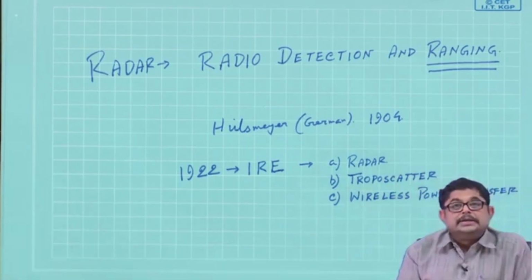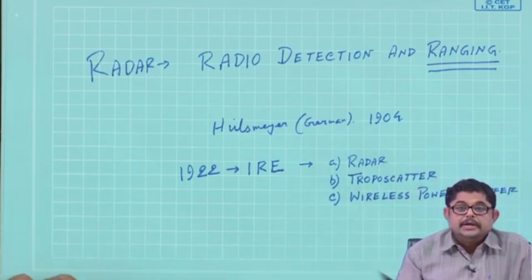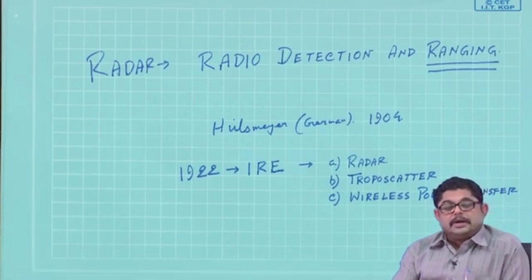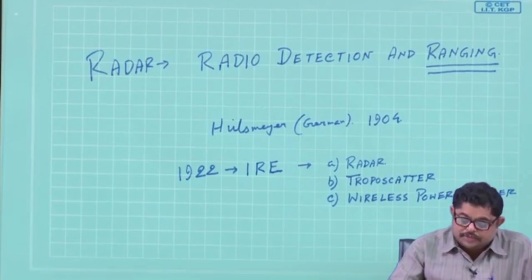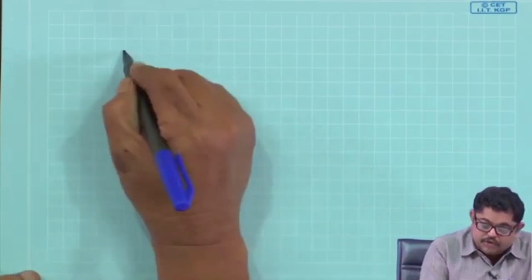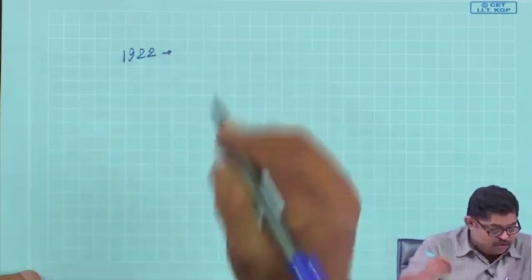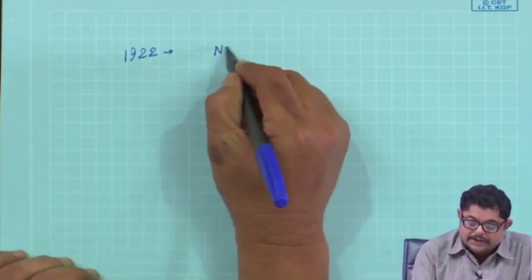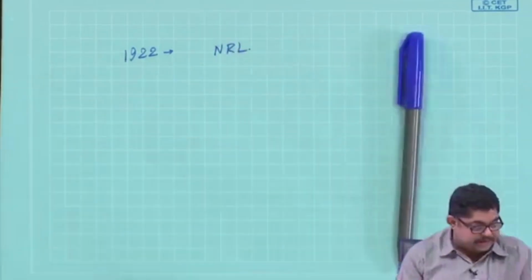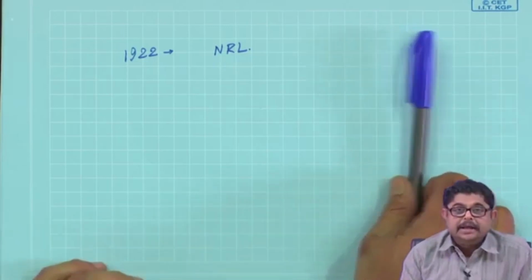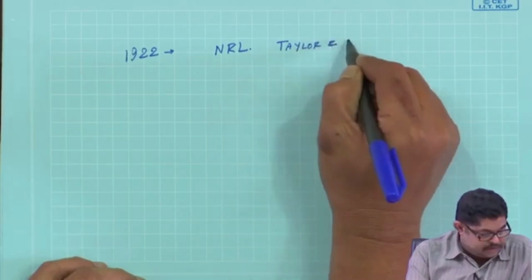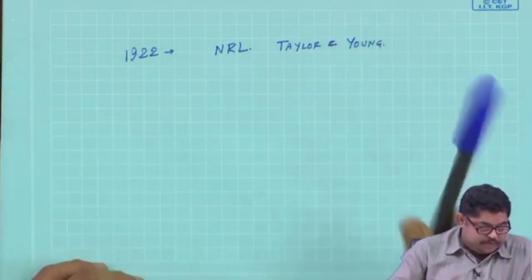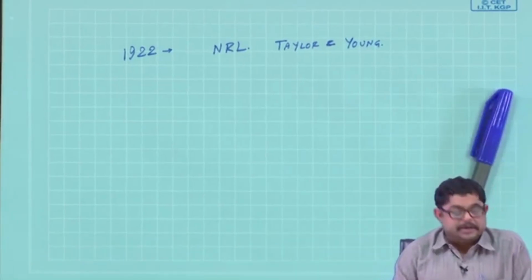And taking this inspiration from him, some American scientists who were also working for the American Navy started work, and in 1922 itself two NRL scientists, NRL stands for Naval Research Lab of USA, their names were Taylor and Young, they tried to confirm Marconi experimentally.